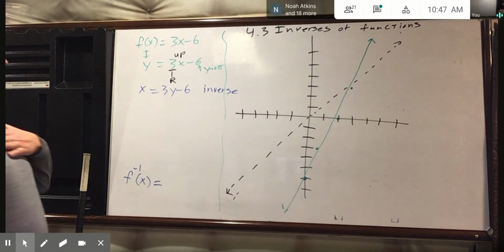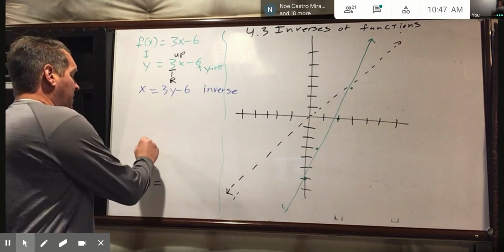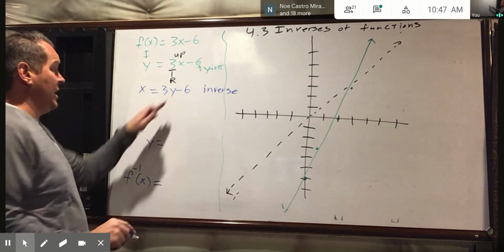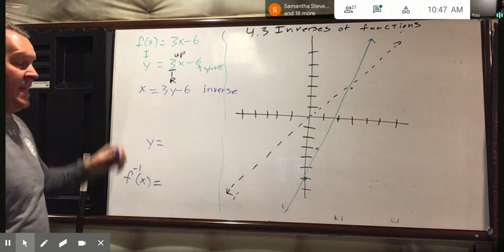Now, what I need you to do now is solve for y. Get the y by itself. Use your algebra skills like you would before. What do I have to do to move the 6 over here? And then what do I do to move the 3 to that side?